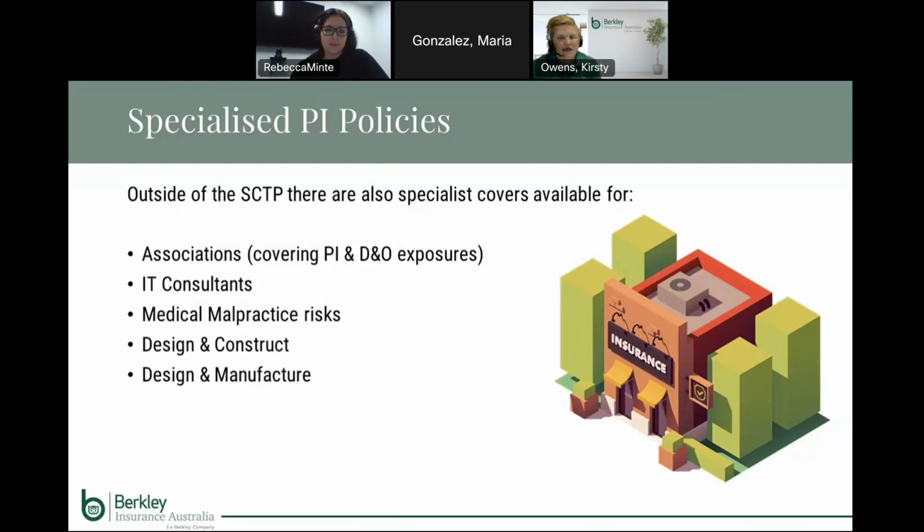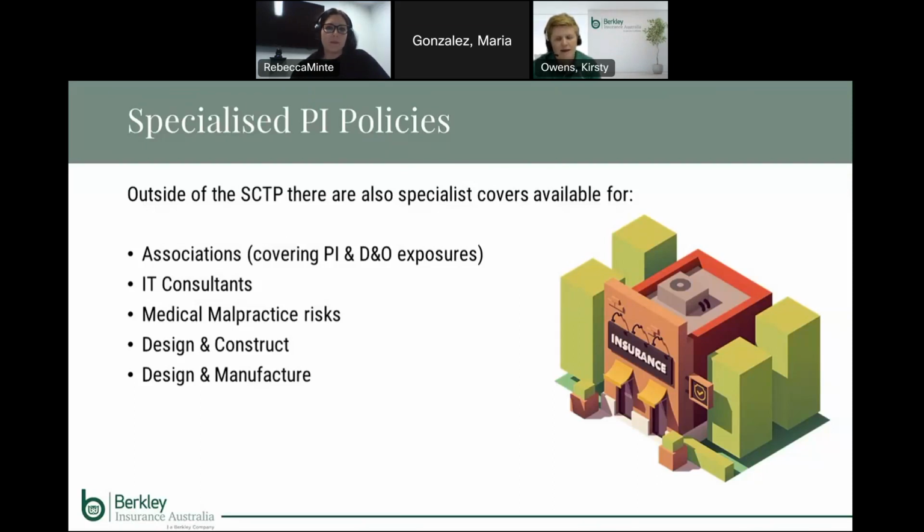So I mentioned earlier that PI policies will have an exclusion of goods, sometimes referred to as a construction and manufacture exclusion. So these two PI policies are specifically tailored to the industry.